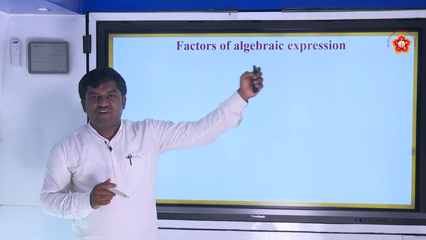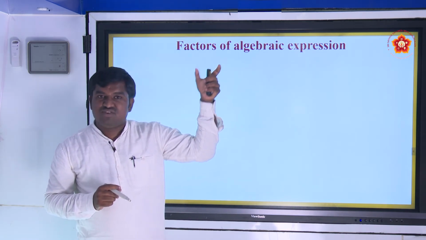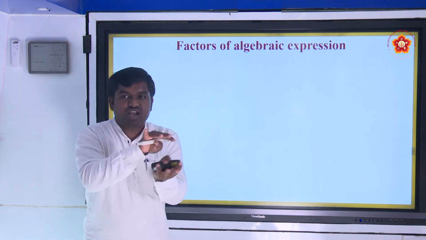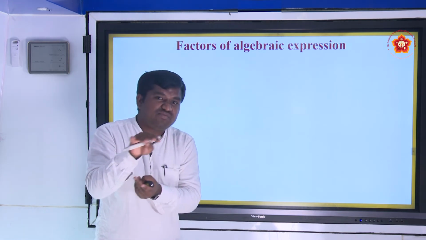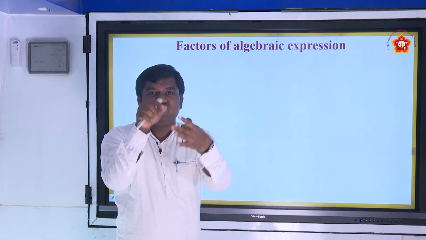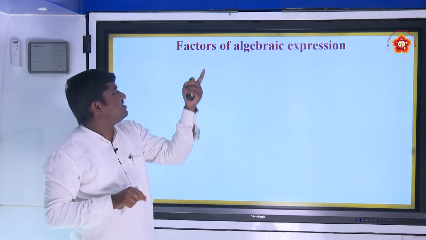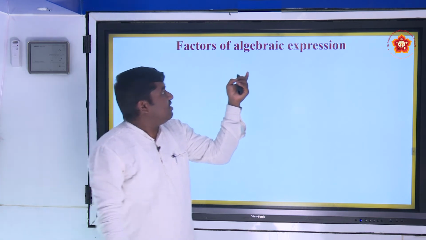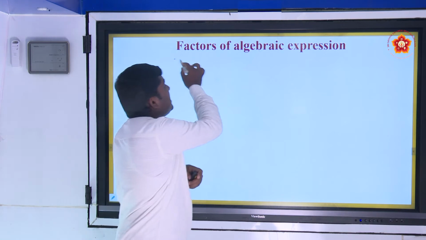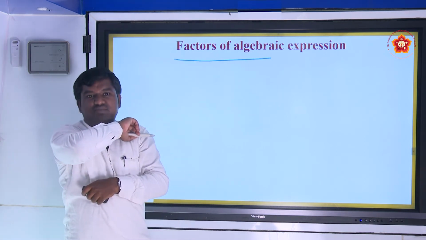You know the factors of natural numbers. Okay, factors are nothing but products. Products of an algebraic expression. Yes, if some algebraic expression is there, and you get its factors, then those are the factors of an algebraic expression.